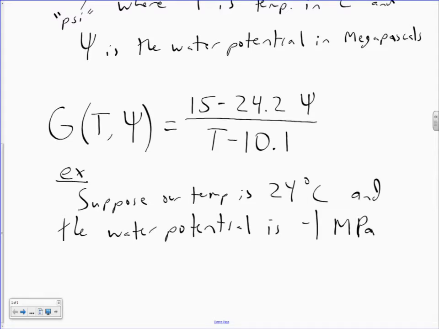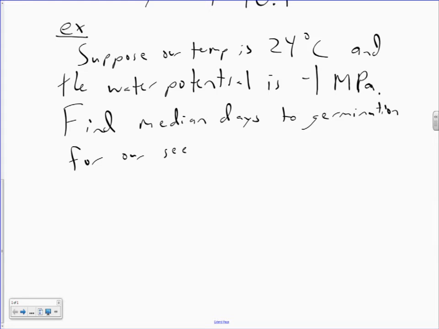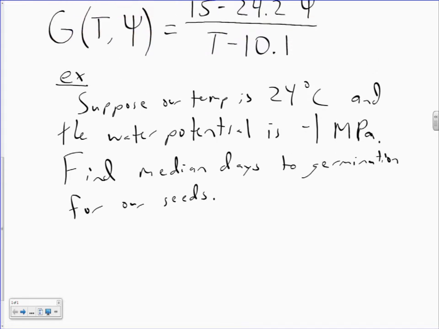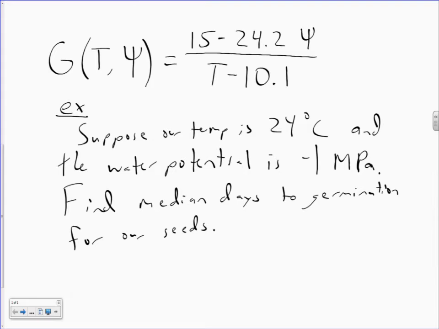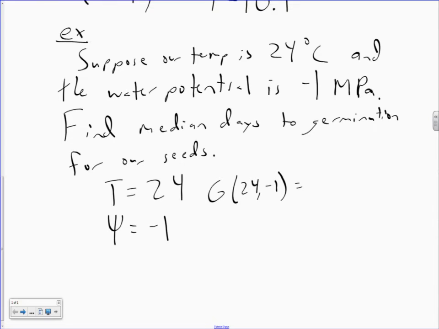So we're going to use that to figure out the median days to germination. So this is just a plugging in problem like we saw in the earlier video. So we're plugging in 24 for our t and -1 for our psi. All right, so we're plugging in g of 24, -1, and we're using that equation right up there.